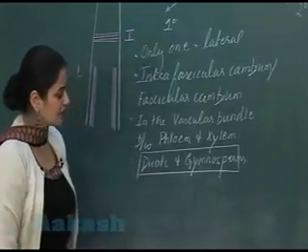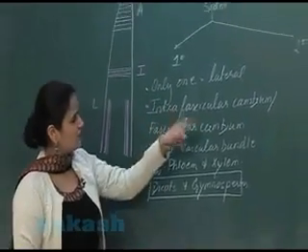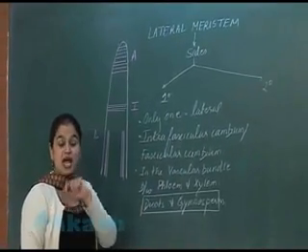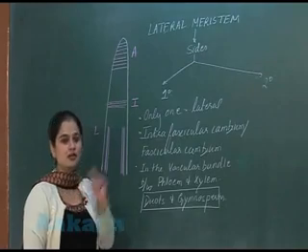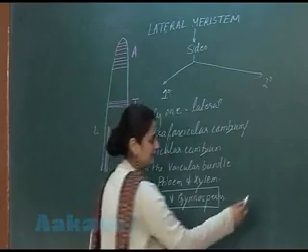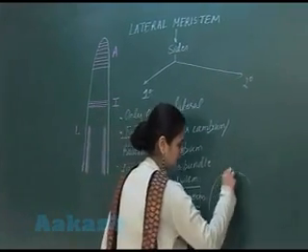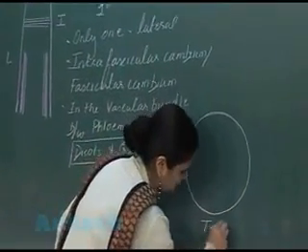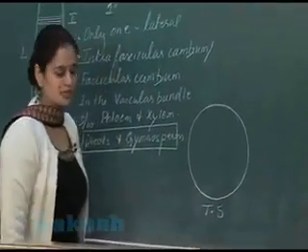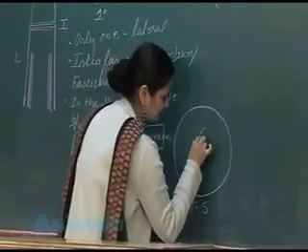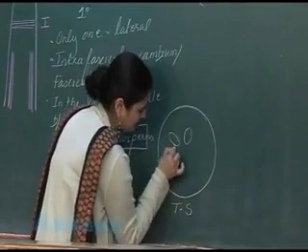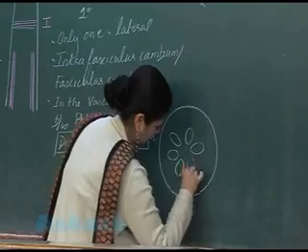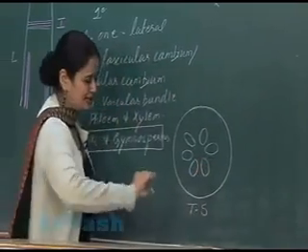Right? Now, to view the intrafascicular cambium, to see exactly what its position is, I am making a transverse section of a dicot stem here. Yes, so this is a transverse section of a dicot stem. In the dicot stem, there is the presence of these vascular bundles. You can see the vascular bundles.